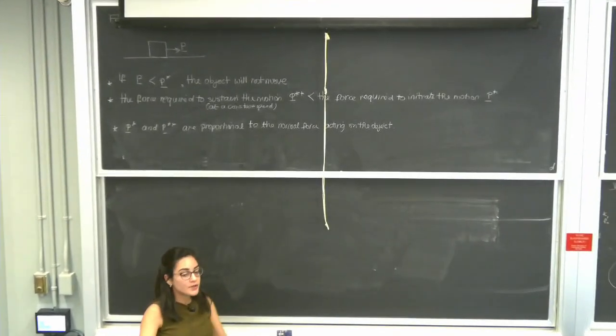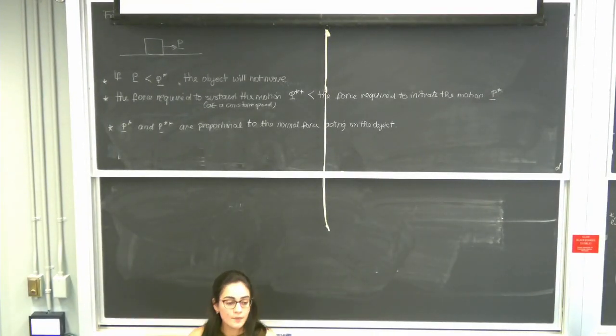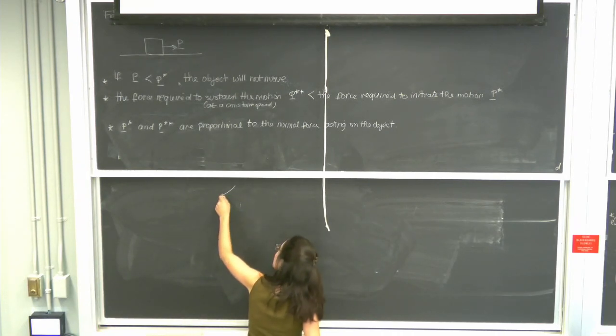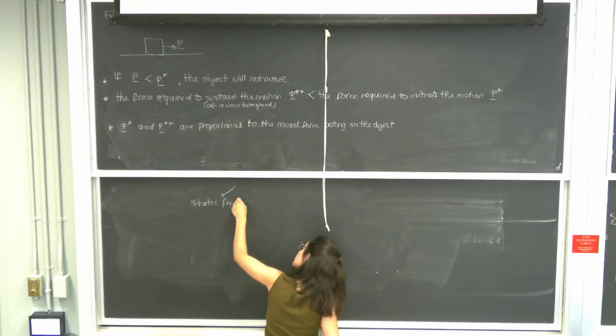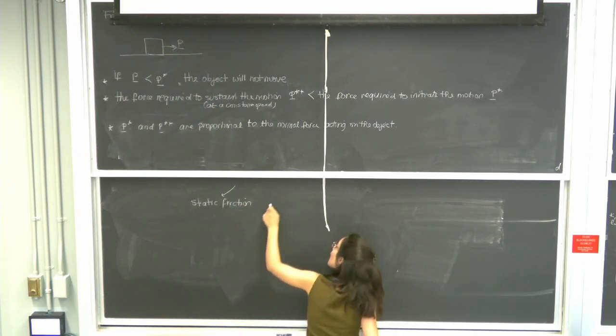Okay. So the friction is of two types, static and kinetic. So we have static friction and we have kinetic friction.